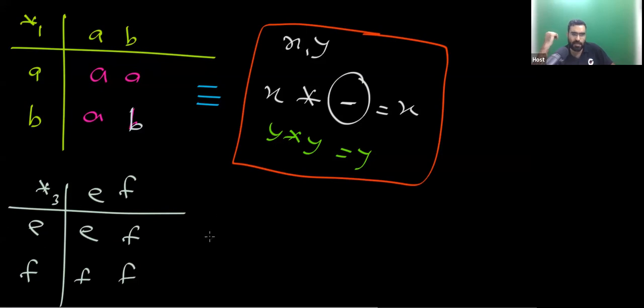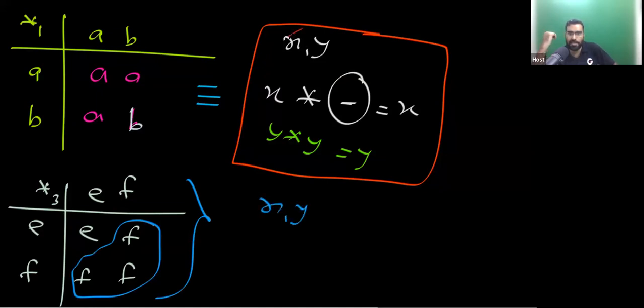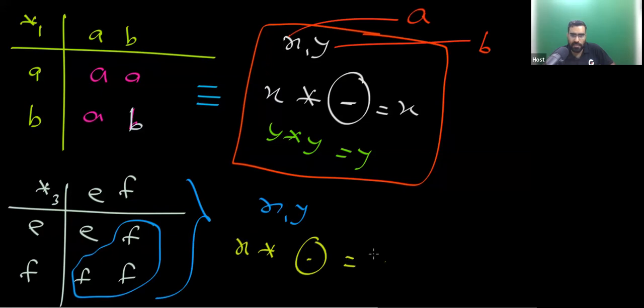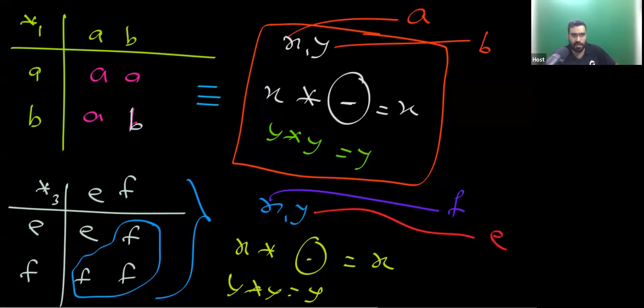Here also with F you will always get F. So you have X comma Y; here X is A and Y is B, and here X is F and Y is E. It is the same structure, but their names are different. I hope this point is clear.